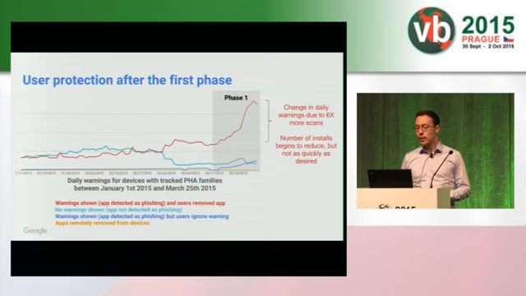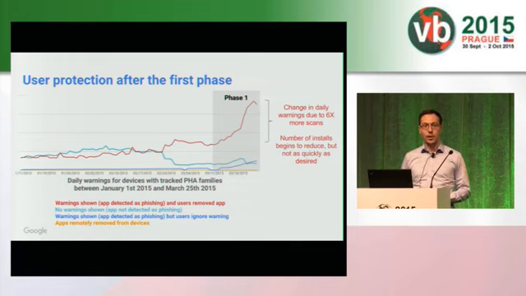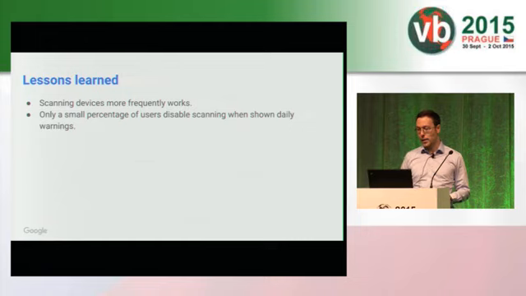But luckily, users that ignored our warning did not actually go into the system settings and disable the whole verify apps feature at a broad scale. So we were very happy about that because the negative effects on the safety of the Android ecosystem did not outweigh the gains that we made here.